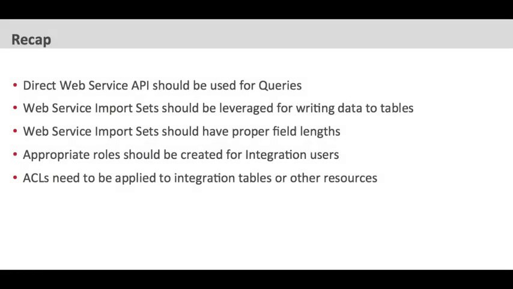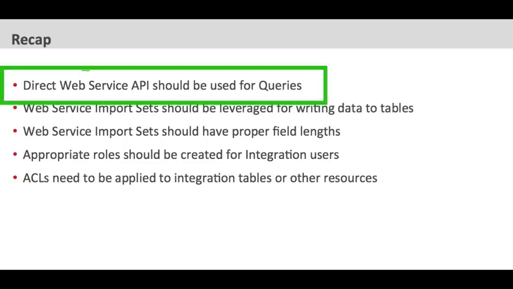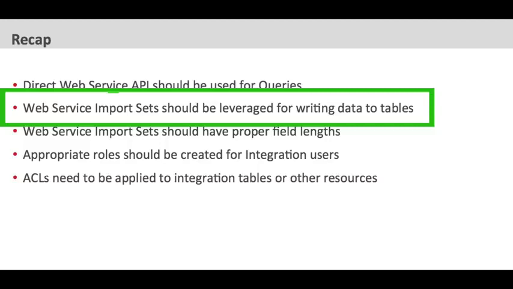So David, just to recap on those best practices, first of all, the Direct Web Services API that ServiceNow provides really should just be used for queries with its interaction to database tables. And if we want to write data to tables, that's when we leverage the web service import set that you created and demoed for that third party to post its data to.